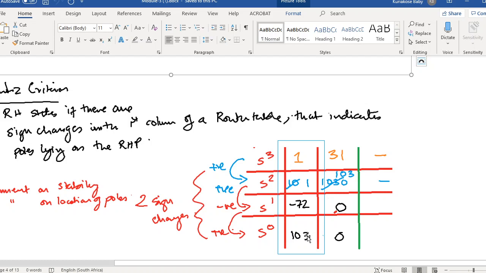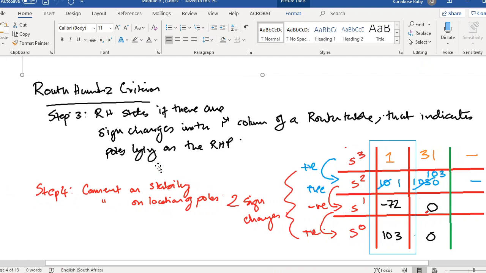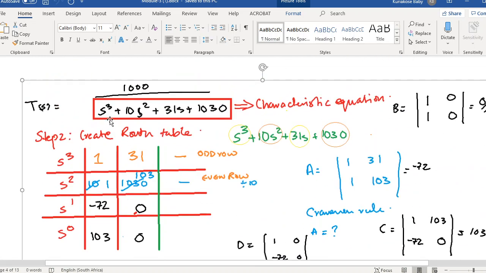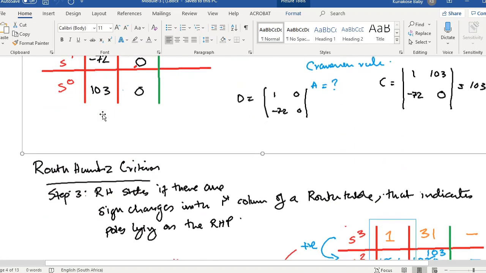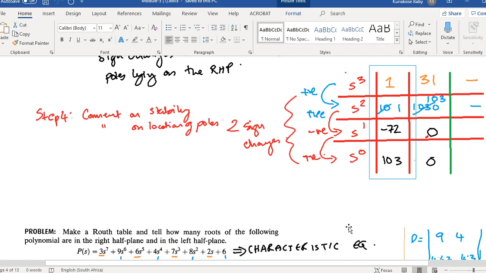So there are two sign changes. The number of sign changes is equal to the number of poles lying on the right half plane. In total, you have 3 poles because this is a third order system, and out of those 3 poles, 2 of them are lying on the right half plane. Therefore, the system is said to be unstable.